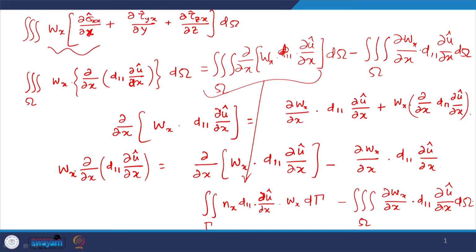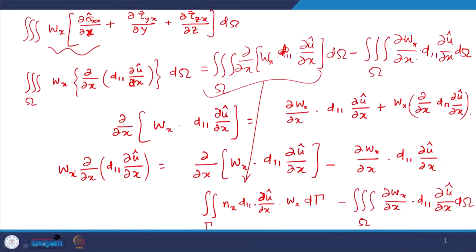You can understand this as the 3-dimensional analog of the integration by parts that we did in the 1-dimensional problems, by which we traded the derivatives from the residual term to the weighting function term, and that is what we have done here. So, the derivative from the residual term is transferred to the weighting function term, and then there is a boundary term here.